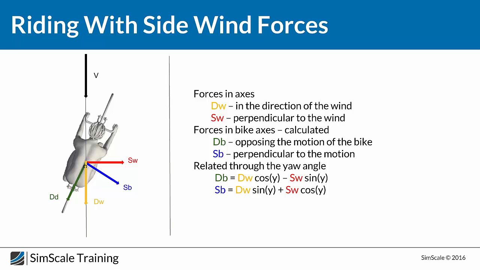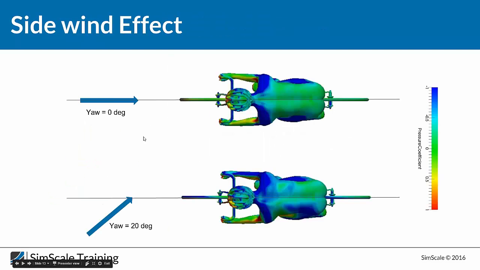right and the accurate values of forces acting on the bike or the rider. And here we can see, for this example, we have two similar simulations for two bikes with the same conditions. The only difference here is the wind direction. So for the first one on top, we have the wind direction with 0 degrees, so the wind is coming directly facing the rider.